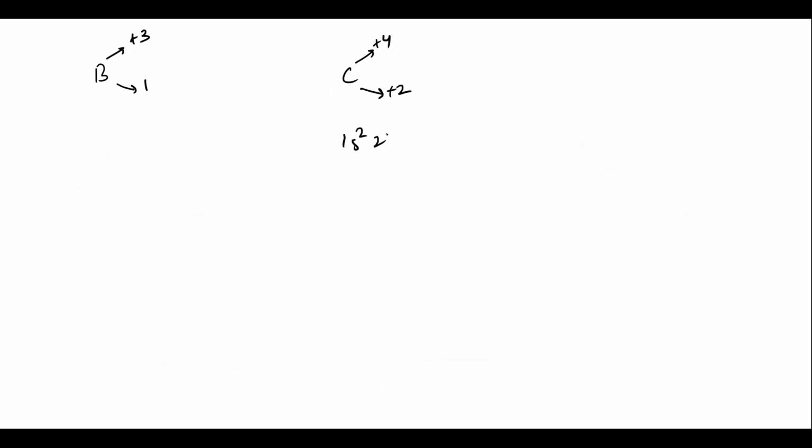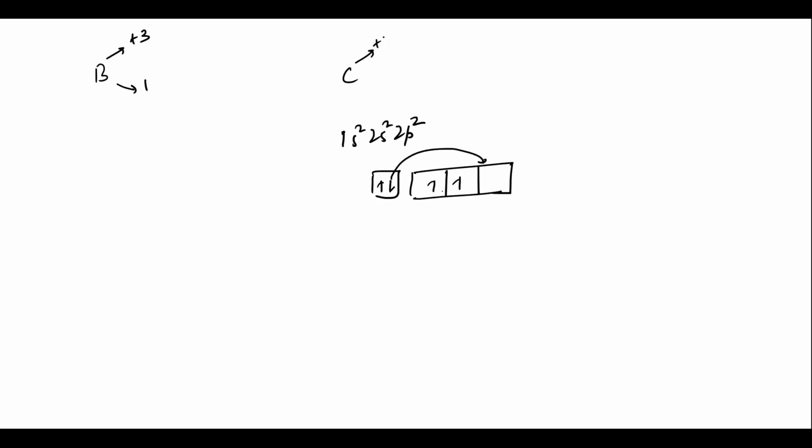Carbon is 1s2, 2s2, 2p2. So in the ground state, it is going to have the +2 oxidation state.